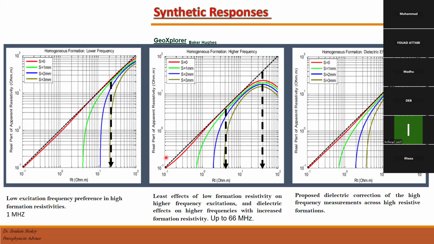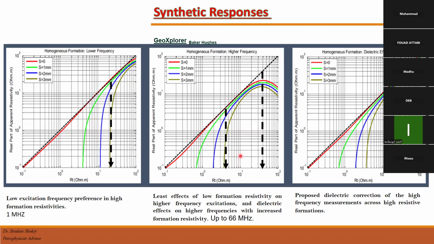So if your reservoir, for example, ranges from 2 or 3 ohm-meter to 20 ohm-meter, you should go to the advanced technology, as we mentioned in the previous slides, to overcome this chaos or unstable response of the apparent resistivity curves.